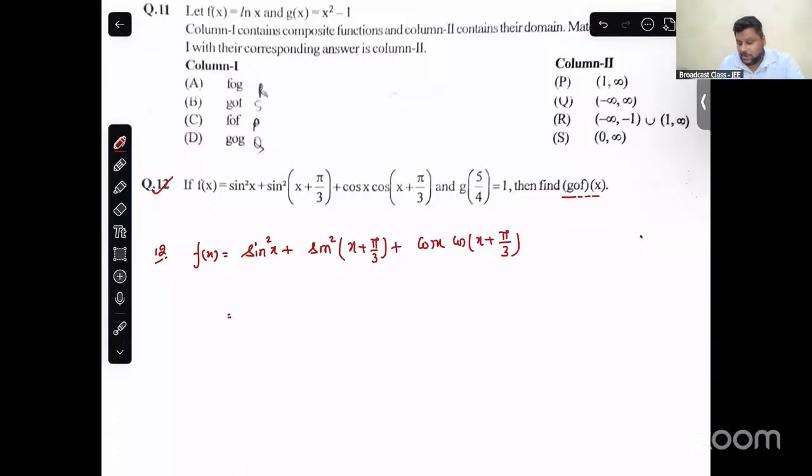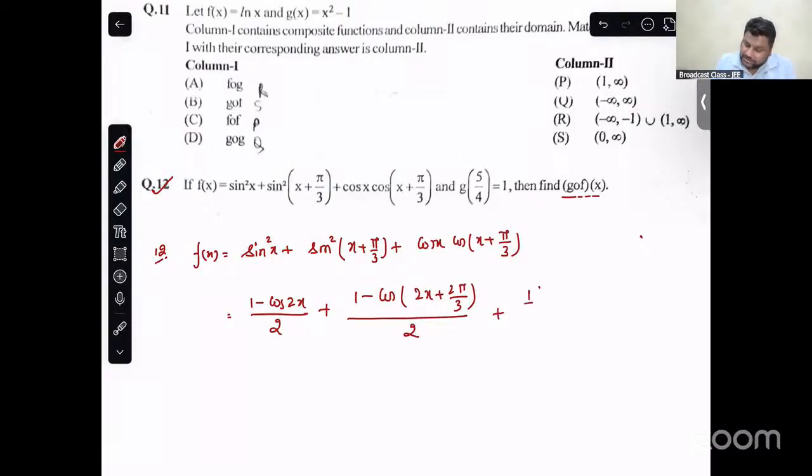Got it? Sine square x, I am writing 1 minus cos 2x by 2. Sine square (x plus pi by 3), this is what I'm writing: 1 minus cos (2x plus 2 pi by 3) upon 2 plus, let's not touch it. Yeah, also let's do one thing. Half of 2 cos (x plus pi by 3). Am I correct?